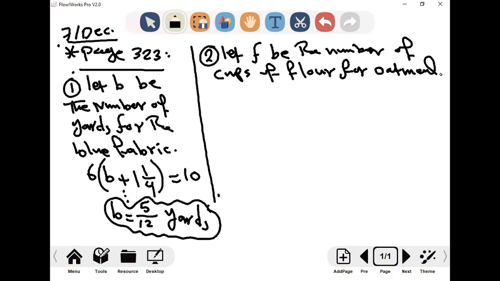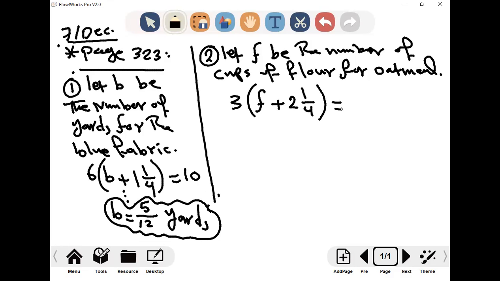How many oatmeal batches do we have? 3. So 3 times F for the oatmeal, right? Plus 2 and 1/4 for the chocolate chip. They are all cookies, right? For how many? 3, not 6, because we know the 3 chocolate chip batches, and there are still 3 of the oatmeal.